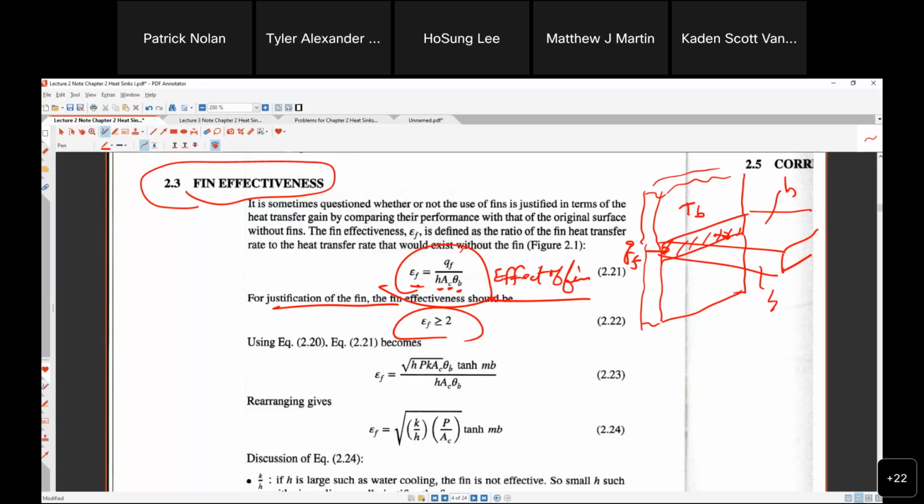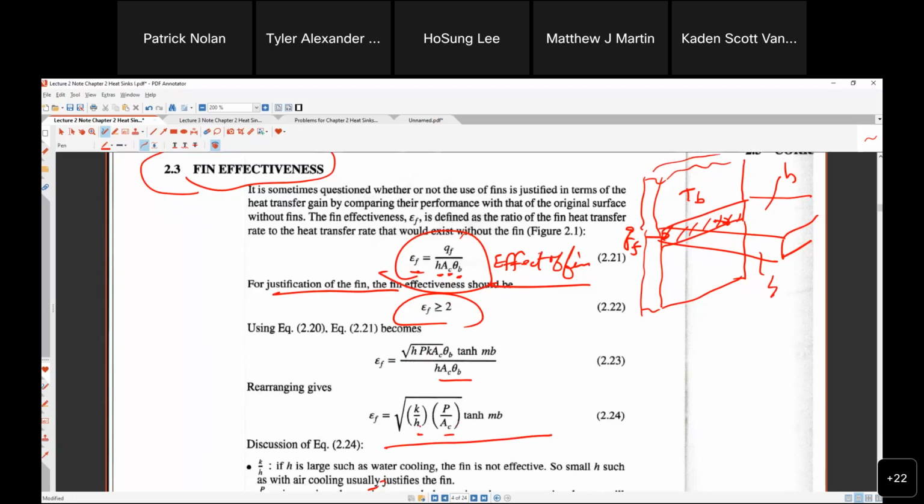So we put the equation. Look at the equations. Q_f, we know that, I told you. Hyperbolic tangent mL, divided by hA_c theta_b, and then arrange a little bit the same. So two parameters are coming. One is k over h, and the other is P over A_c.